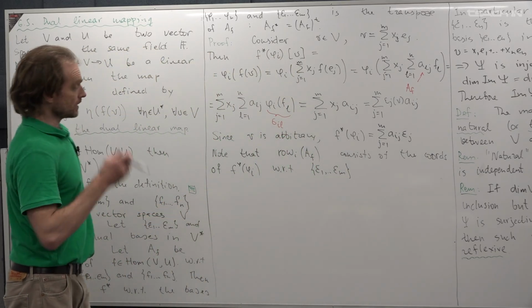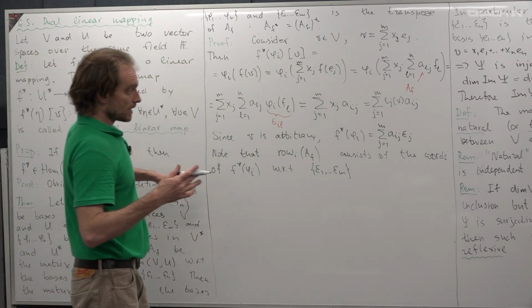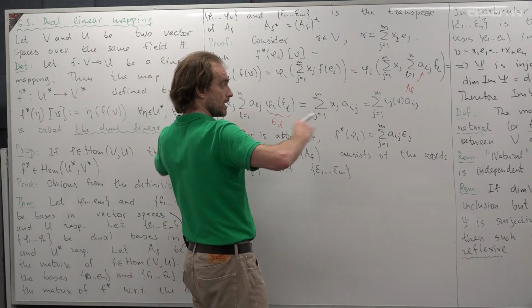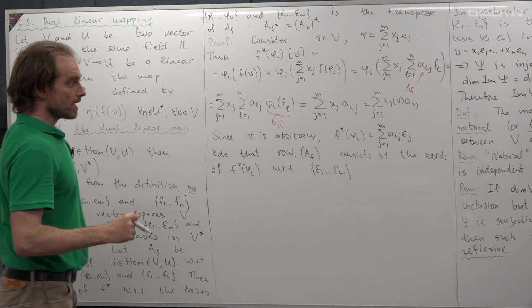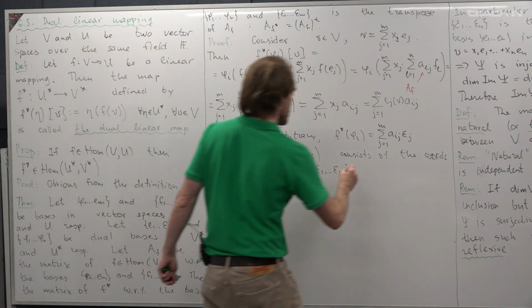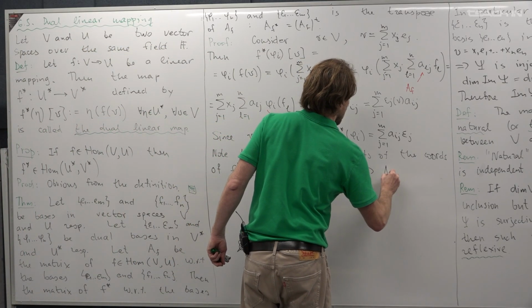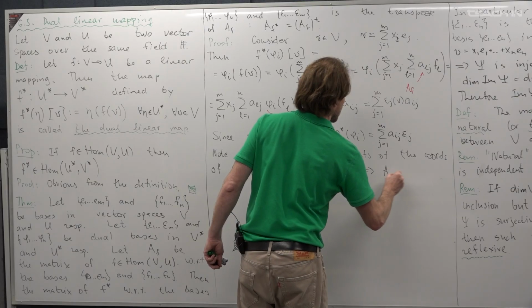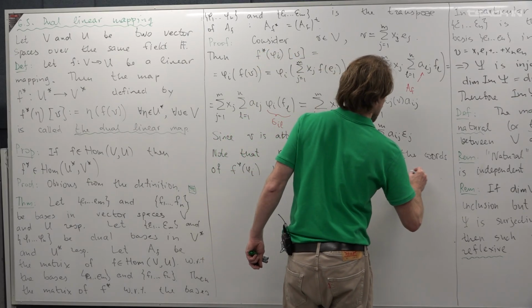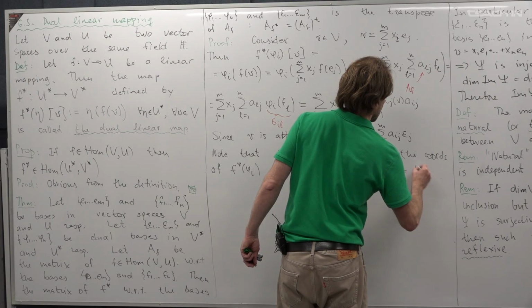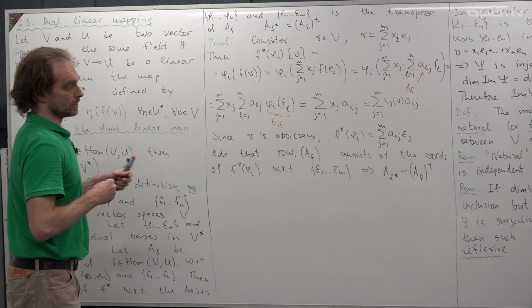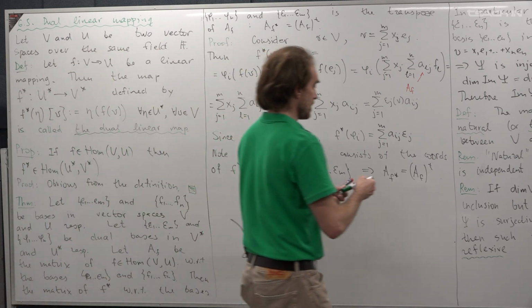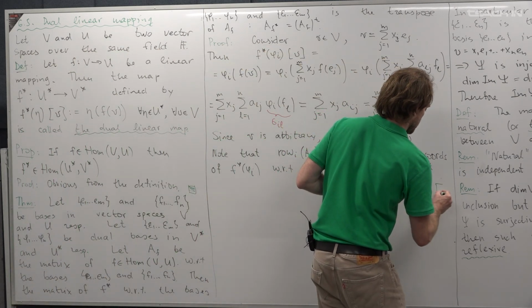So what do we get? We get the coordinates that are written in the ith row of this matrix, and not in the corresponding column. That's why the matrix of the dual mapping is exactly the transpose of the matrix of the initial mapping. So this proves the theorem.